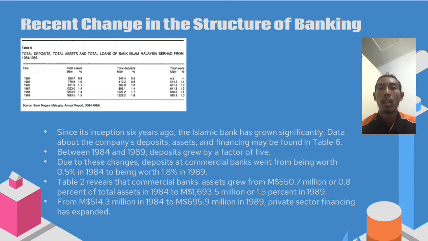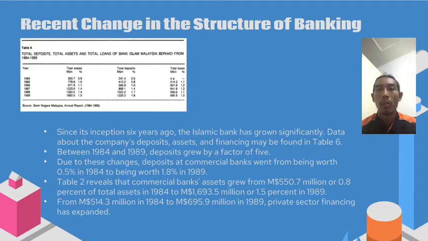Since its inception 6 years ago, the Islamic Bank has grown significantly. Data about deposits, assets, and financing may be found in Table 6. Between 1984 and 1989, deposits grew by a factor of 5. Due to this change, deposits at commercial banks went from being worth 0.5% in 1985 to being worth 1.8% in 1989.